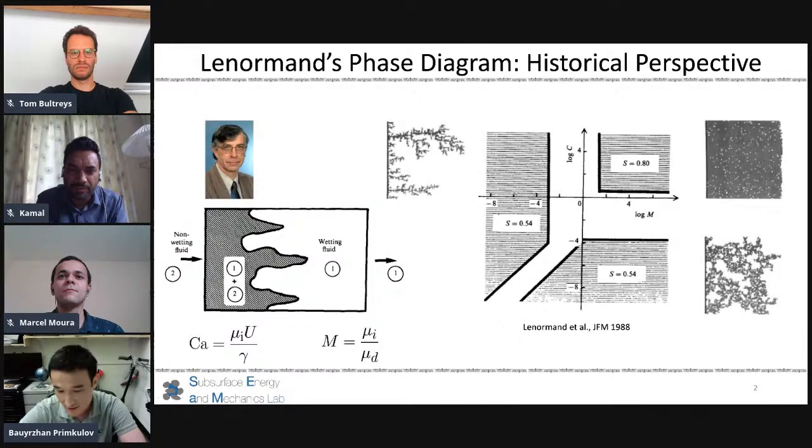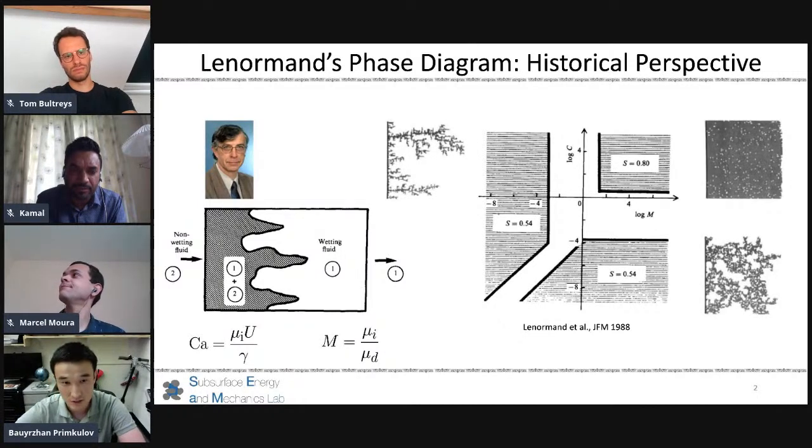I will cover them in a little more detail, but what I'll say for now is that what they had in mind originally was drainage, injection of a non-wetting fluid. As a result, you couldn't map all of the experiments onto this phase diagram.